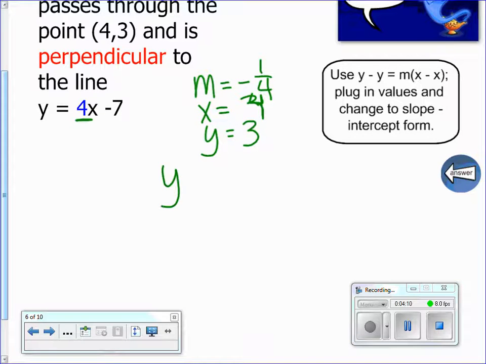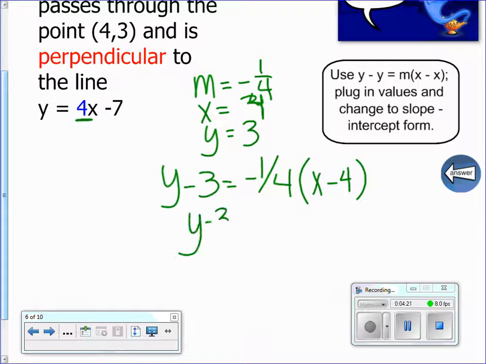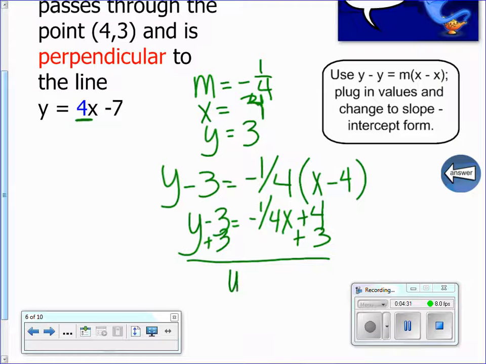So y minus 3 equals -1/4 times x minus 4. I'm going to distribute, so y minus 3 equals -1/4 x plus 1. And then I add 3 to both sides and get y equals -1/4 x plus 4.